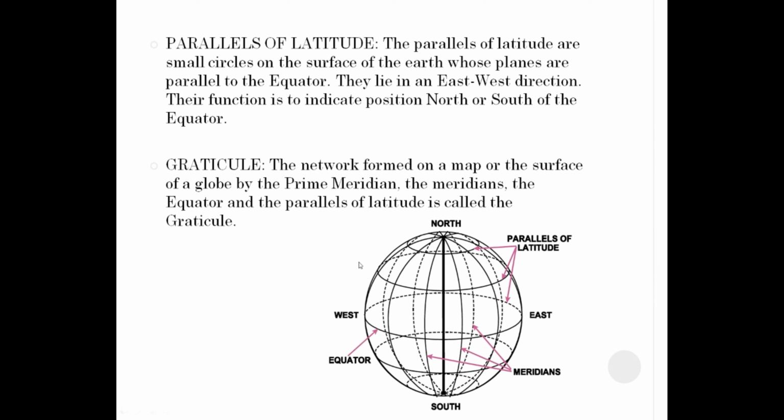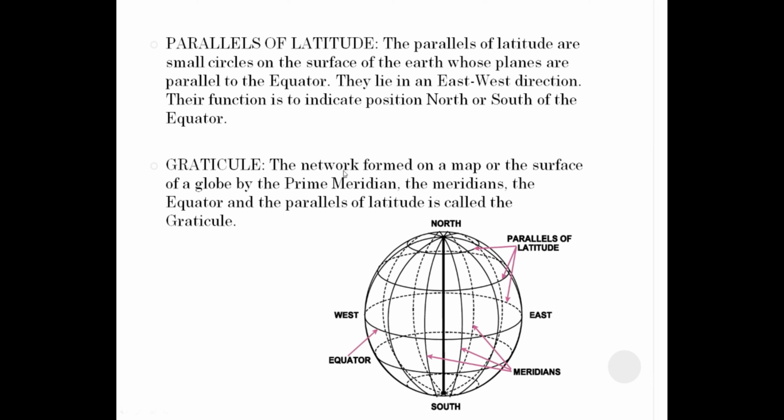It lies in the east and west direction, and it indicates position north or south of the equator. So this is the equator, and this parallel of latitude is in the north, right? This parallel of latitude is in the south.